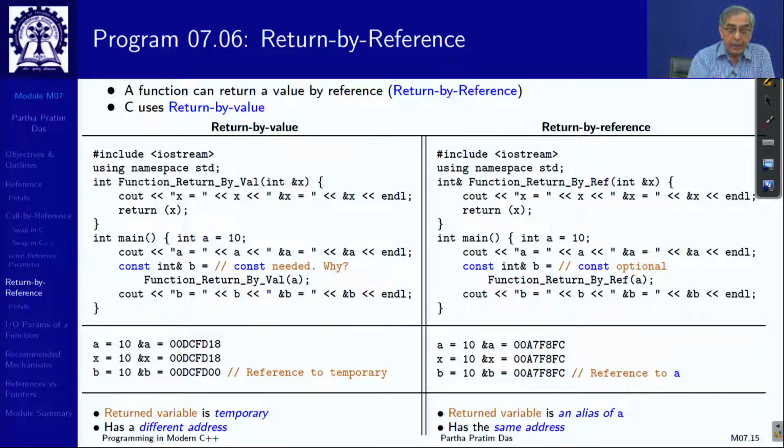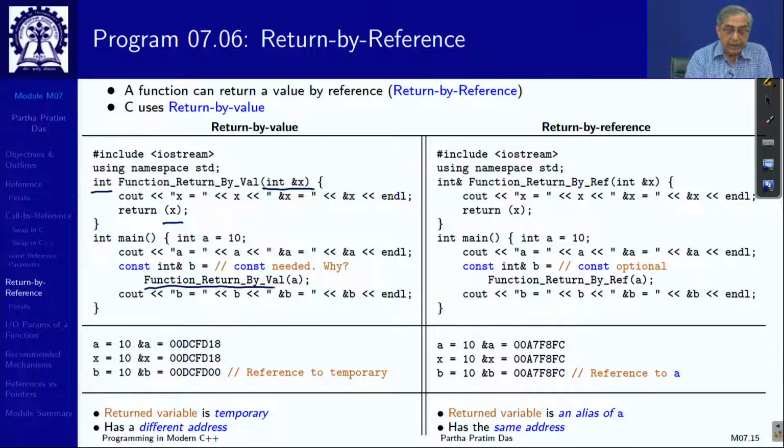So, here I have just made a function which is pathological, it is not doing any computation, but it just takes a variable and returns that same variable. Right. So, return x, and this is the C return by value mechanism. So, it will simply return a copy of x.